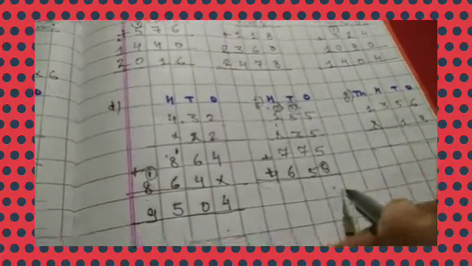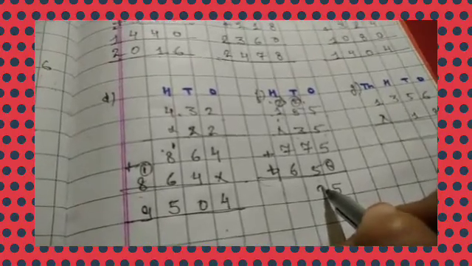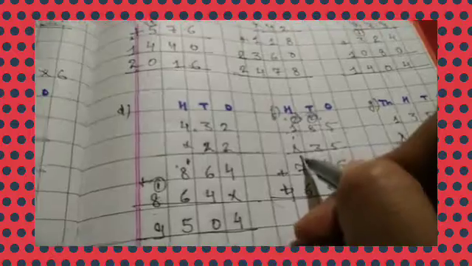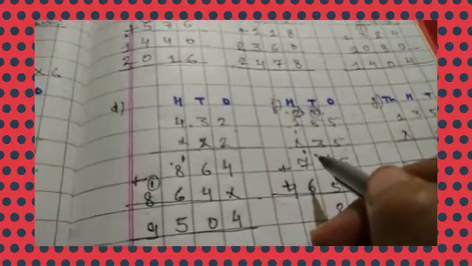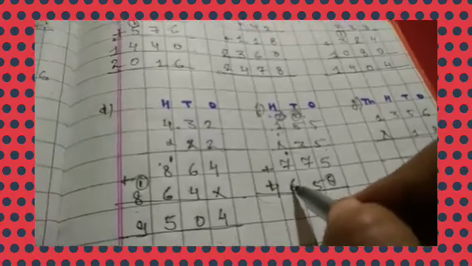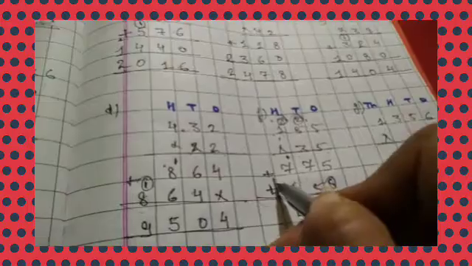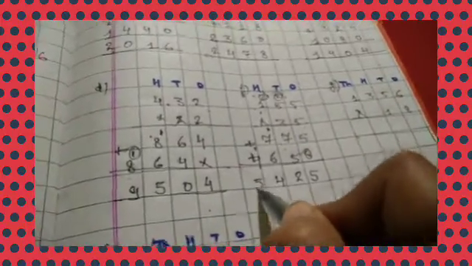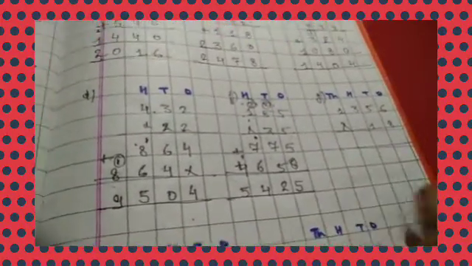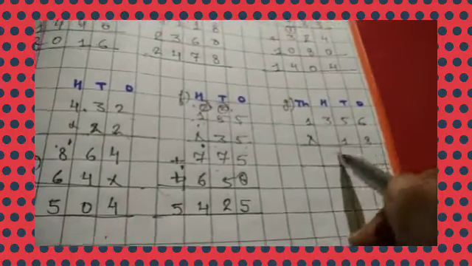Now add this up. 7 plus 5 is 12. So 2 carry 1. So 7 and 1 is 8, 9, 10, 11, 12, 13, 14. So 4 carry 1, 4 and 1 is 5. So 5,425.